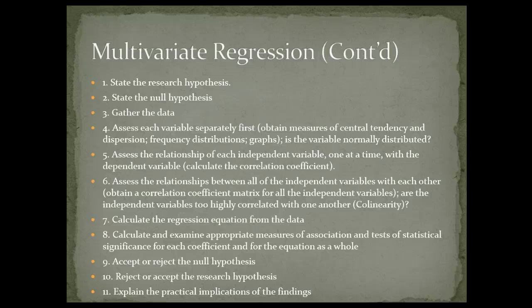Then we're going to state the null hypothesis, gather all our data, assess each variable separately first, look at the relationship between the independent variables one at a time to the dependent variable, assess the relationship between all independent variables with each other, calculate the equation itself from the data and the analysis, and calculate and examine appropriate measures of association and tests of statistical significance. That'll all be provided to us.